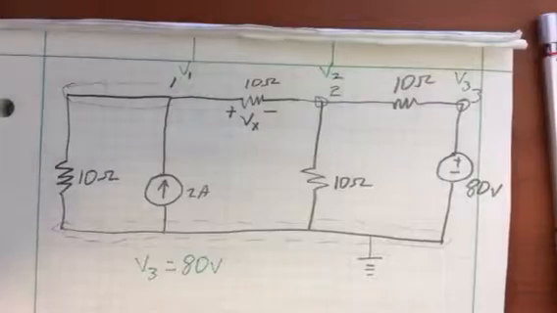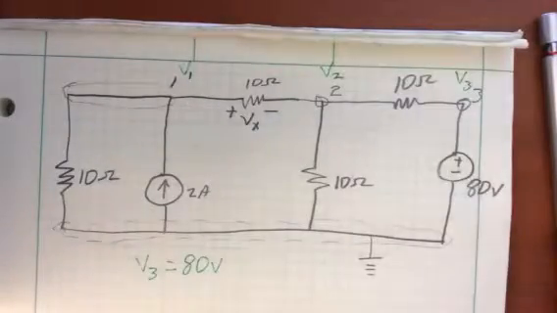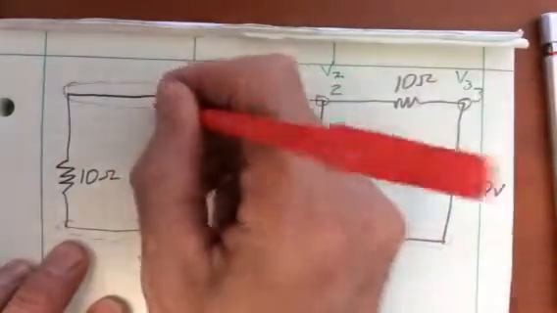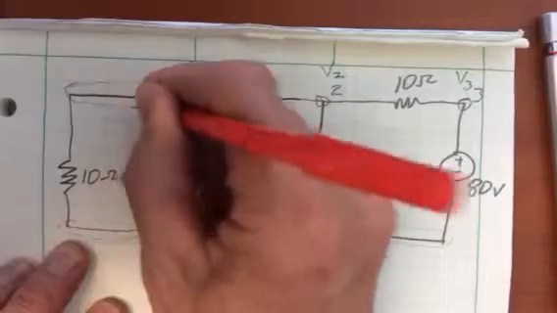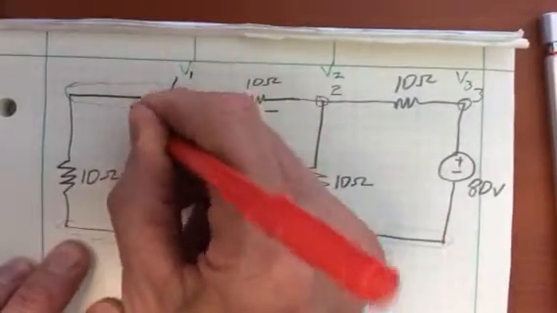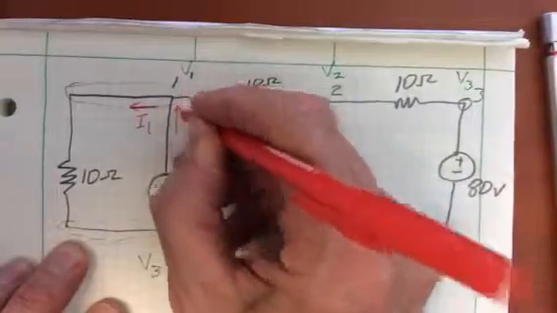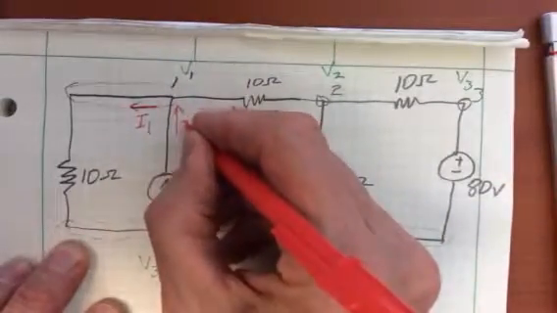All right, let's put our currents in here. I'm not sure which way the current's going to go, but let's assume it's this way. Let's call the current in that direction I1. We know we have 2 amps coming up here.